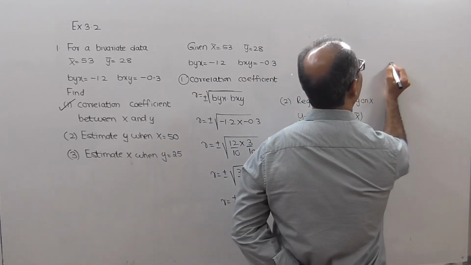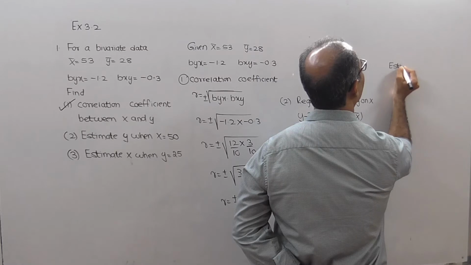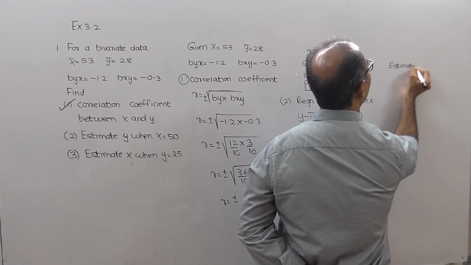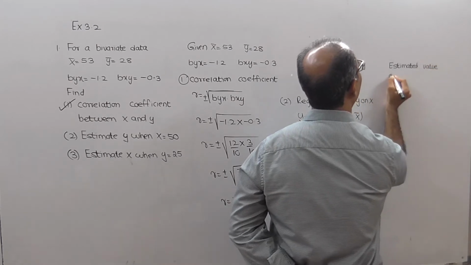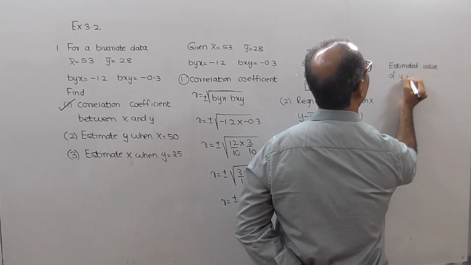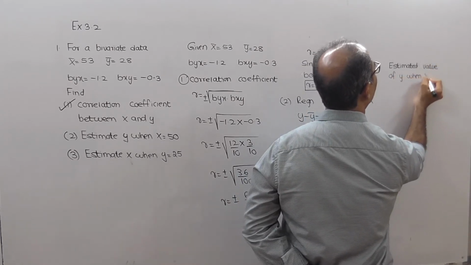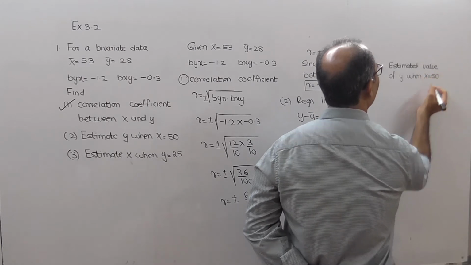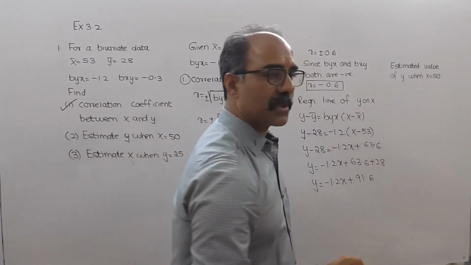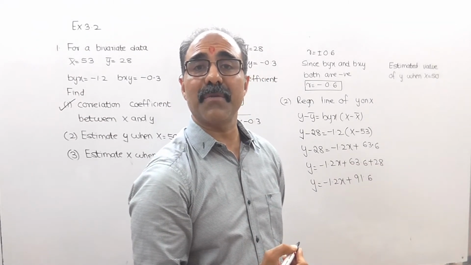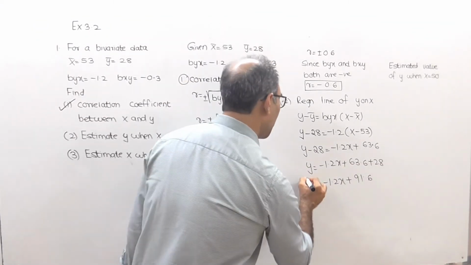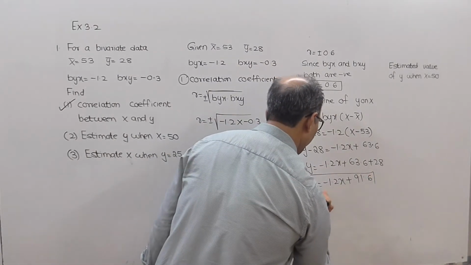So I will write here: estimated value of y when x equal to 50. So what I will do is, if I want to find the value of y, I will have to use the regression line of y on x. This is the regression line of y on x which I have found.